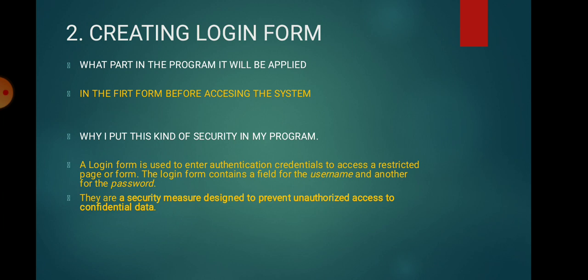Because a login form is used to enter authentication credentials to access a restricted page or form. The login form contains a field for the username and the other for the password. They are a security measure designed to prevent unauthorized access to confidential data.